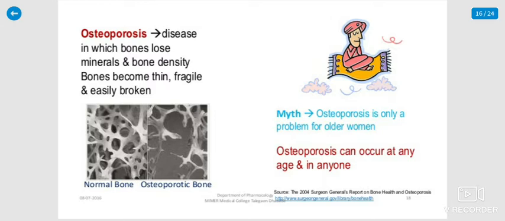Normal bone structure is on the left side and osteoporotic bone is on the right side. The picture shows the osteoporosis disease. Osteoporosis can occur at any age and any time.